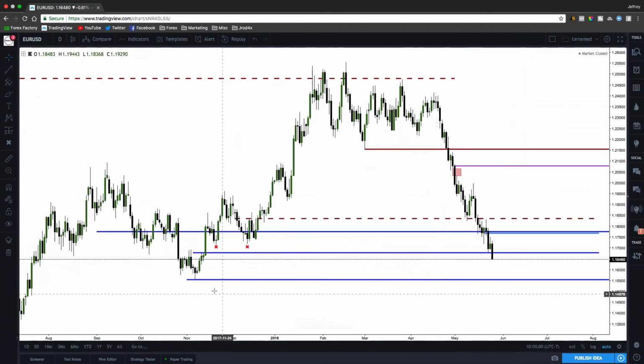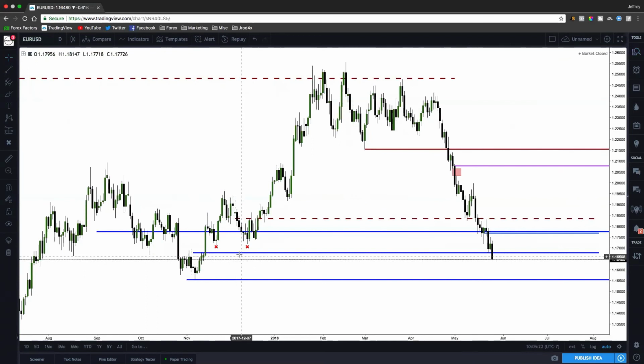So next downside objective for Euro dollar, I'm looking for 1.1550. That'll be my next downside objective on Euro dollar, which would also complement the movement that we're expecting on the dollar index.